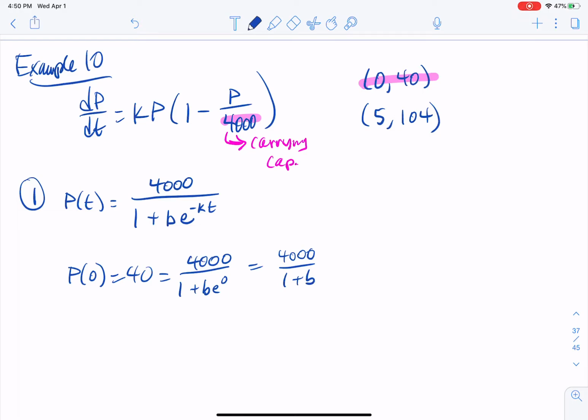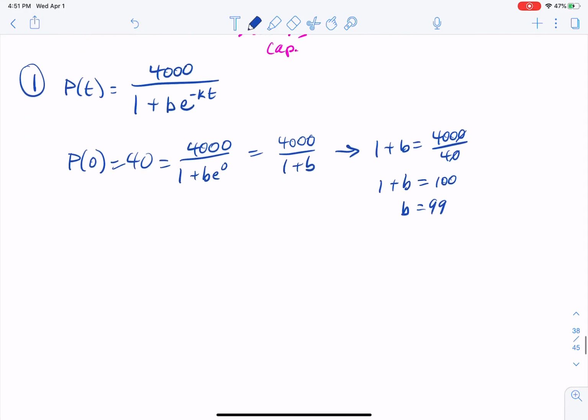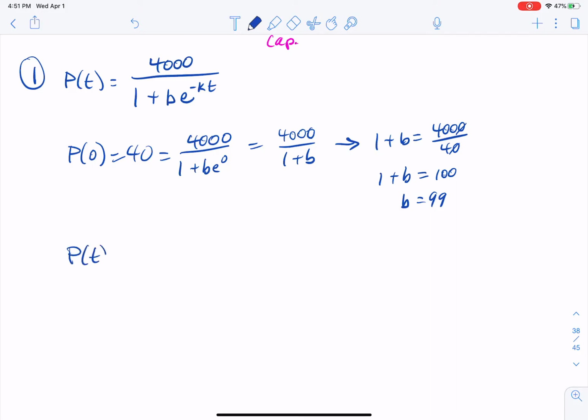I'll cross multiply, and I have 1 plus b is equal to 4,000 over 40, which is 400 divided by 4, otherwise known as 100, and then b is equal to 99. Probably could have guessed it. So far our equation is P of t equal to 4,000 over 1 plus 99 e to the negative kt.